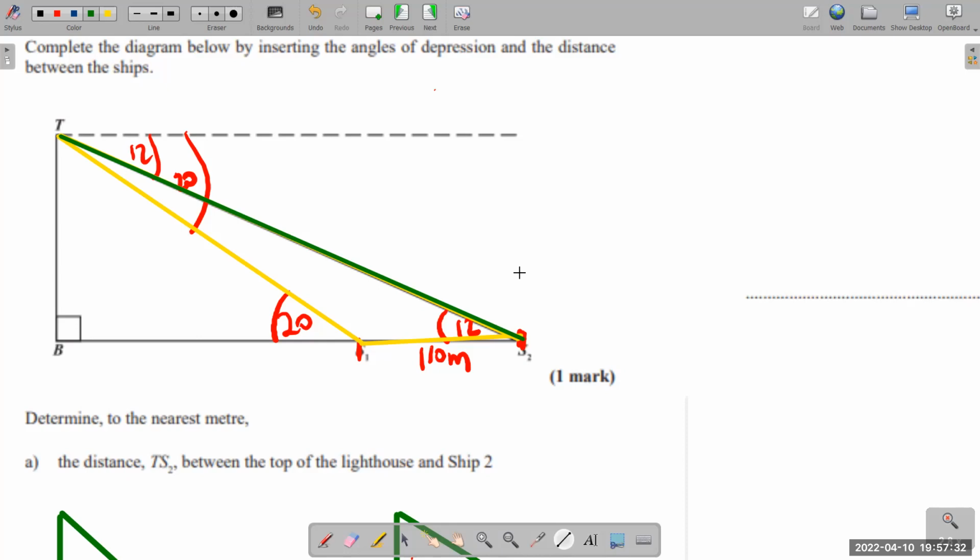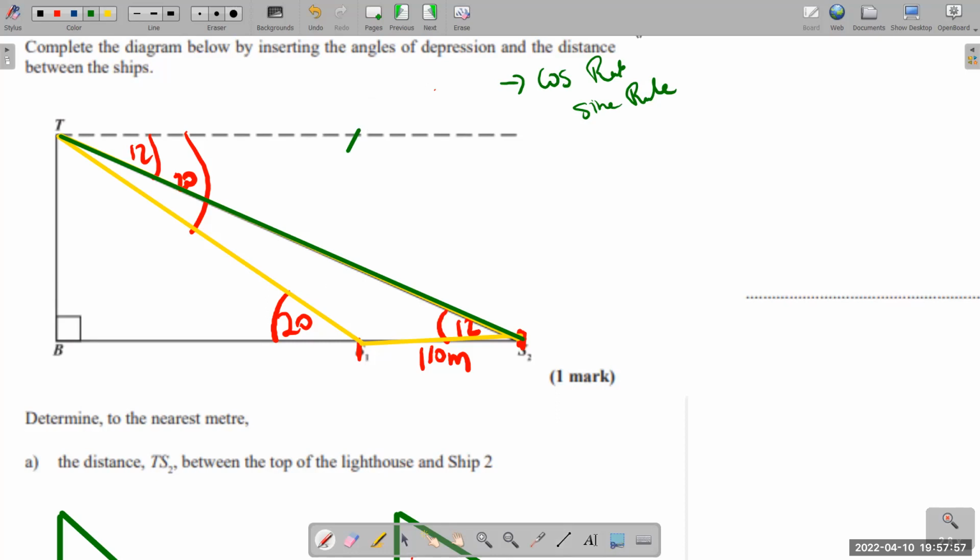Okay, good. We know that this is a non-right angle triangle. What two rules should come to our mind at this moment? What are our two options? Our two options are the cosine rule and the sine rule. We need to determine which one to use. Now, if we look here, we don't have two sides.